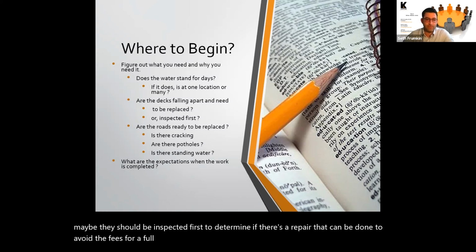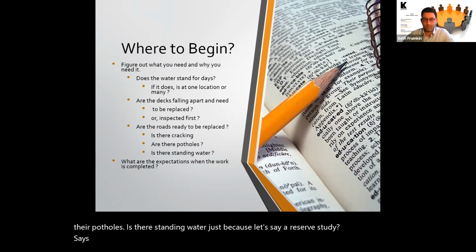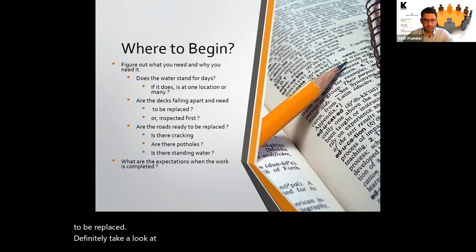Are the roads ready to be replaced? Is there cracking? Are there potholes? Is there standing water? Just because, let's say, a reserve study says that the roads are due for replacement this year does not necessarily mean they need to be replaced. You want to definitely take a look at them and come up with a plan that's specific to your community.